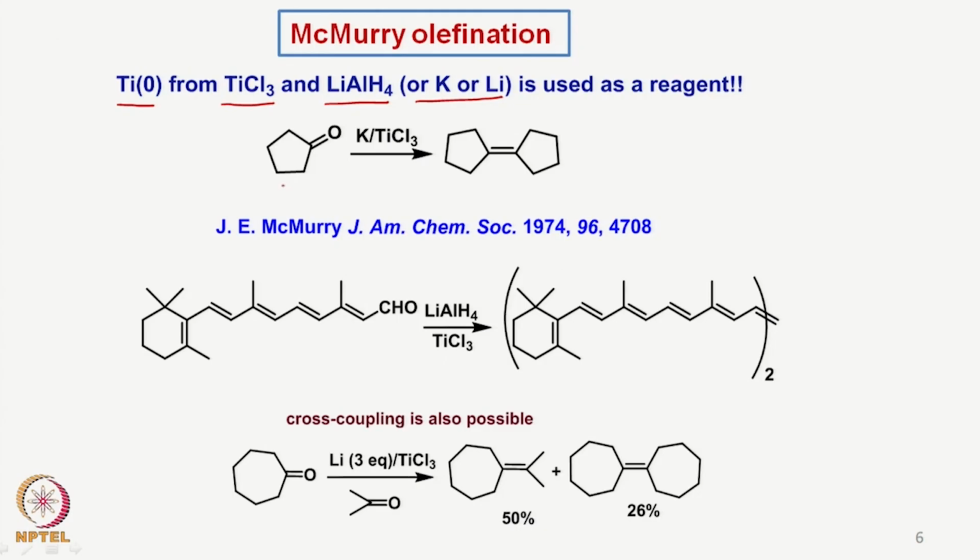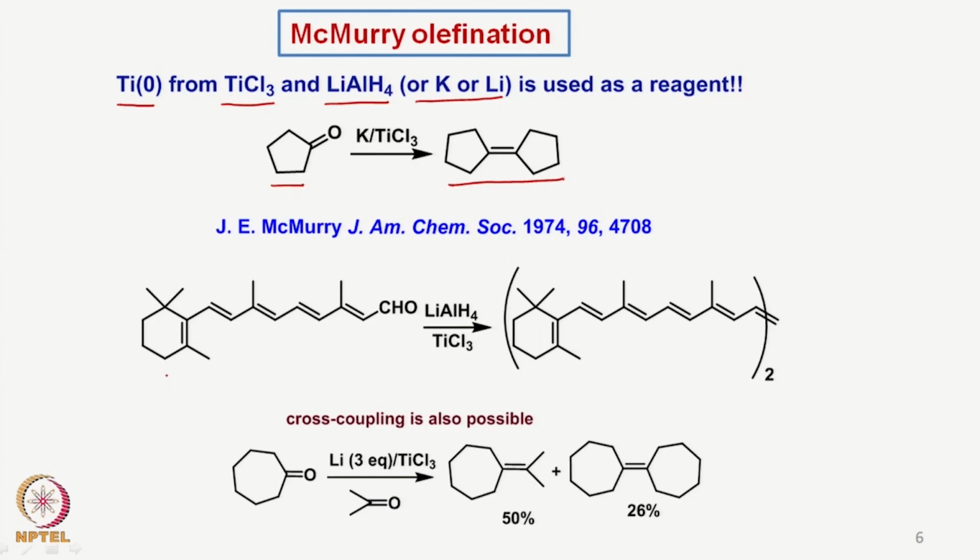And that allowed, say for example, cyclopentanone to give such a molecule, and this type of molecule is very difficult to make under normal conditions, and therefore it has a lot of importance.